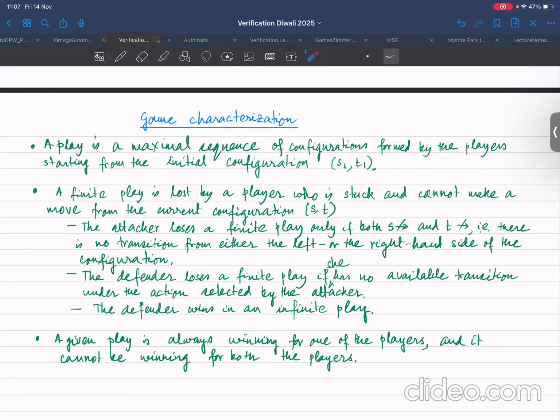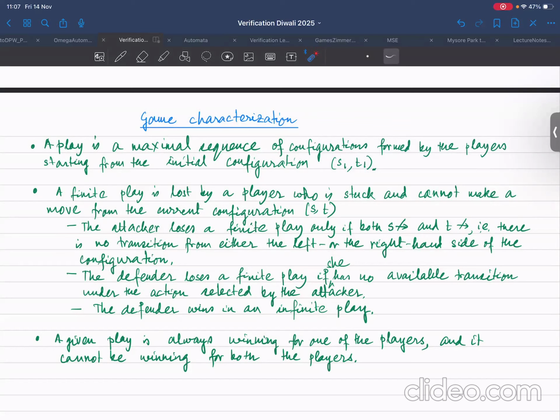But here we assume that in all transition systems every state has some successor state. So the challenger will always have some possibility to move. So if there is a finite play after which the defender cannot produce a move, the defender would lose because the defender cannot make a matching move.